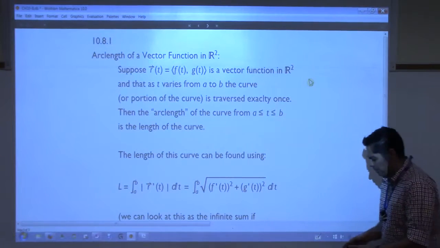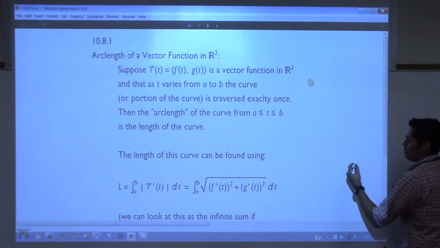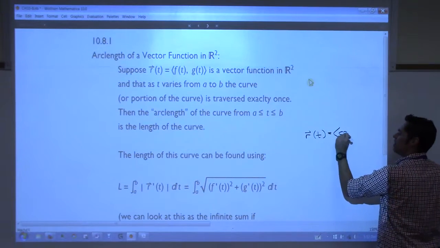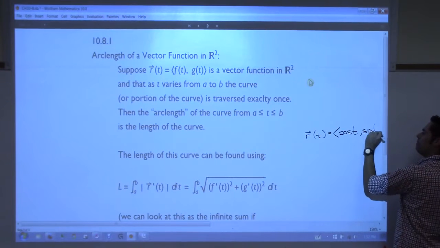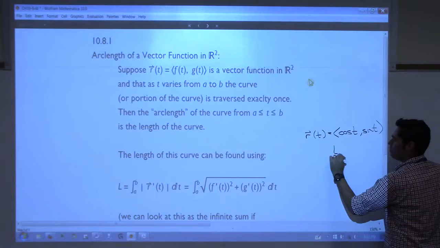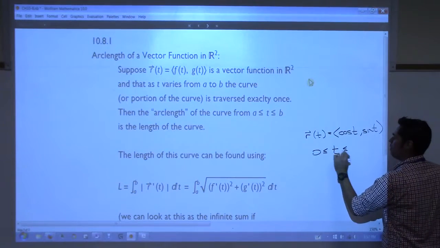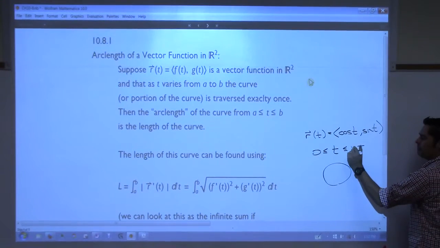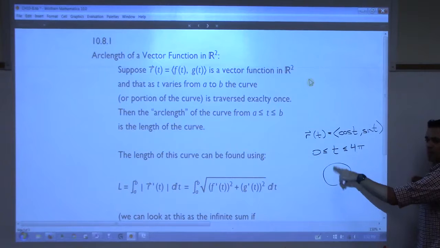I'll give you an example of a two-dimensional curve. This one right here, r of t is cosine t, sine t. We know that draws a circle, right? It'll draw the full circle on the interval 0 to 2 pi, won't it? But if I go from 0 to 4 pi, it's just going to draw me a circle on top of a circle.